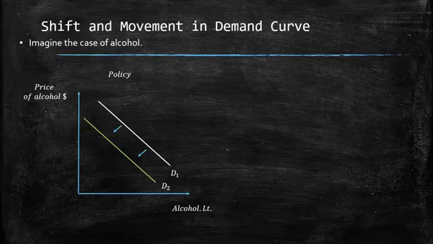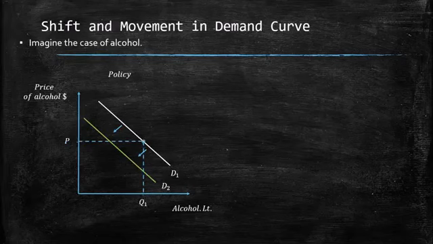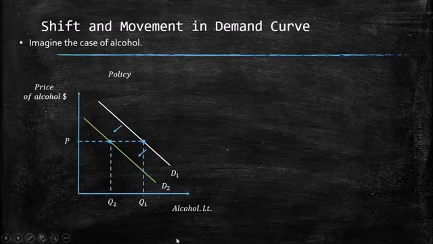So we realize how the demand curve shifts to the left. Okay, so in this case, this was the price and the quantity that they demanded before, and now those are the quantities at this price. At the same price there is a decrease in the quantities.